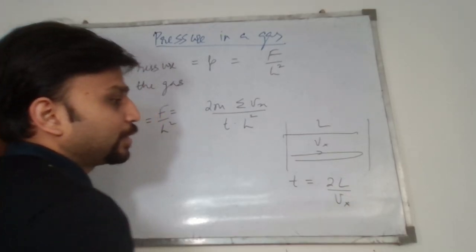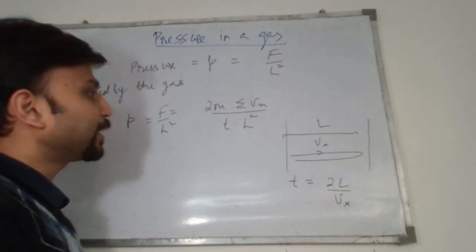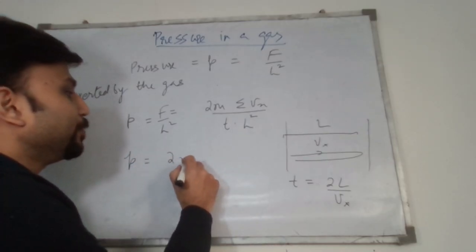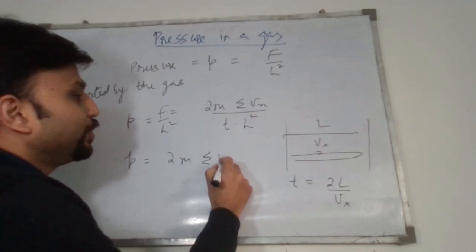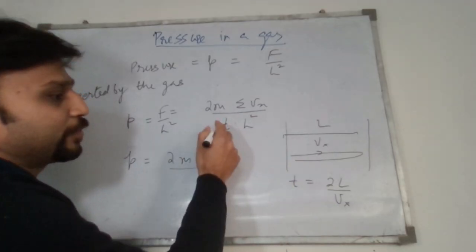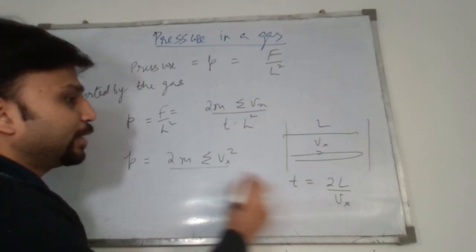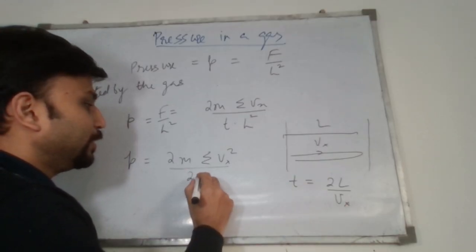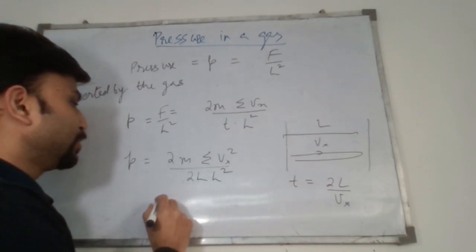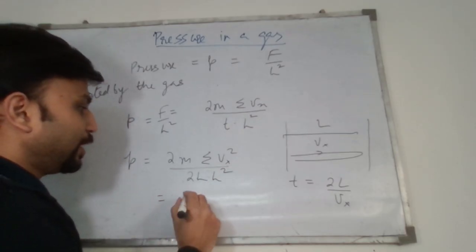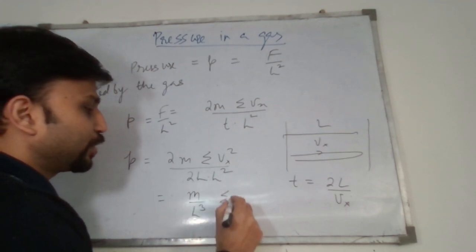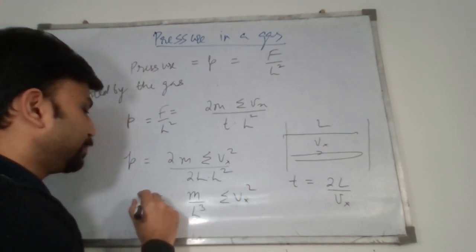So this P will be equal to 2m summation Vx square, because we put the value of time here, divided by 2L into L square. So this is m upon L cube into summation Vx square.